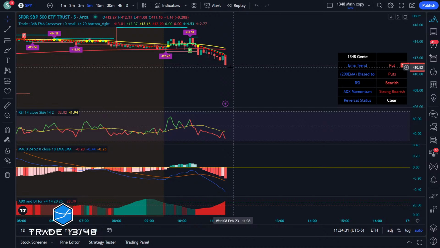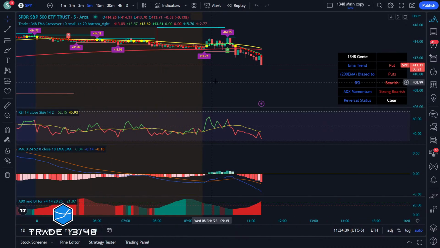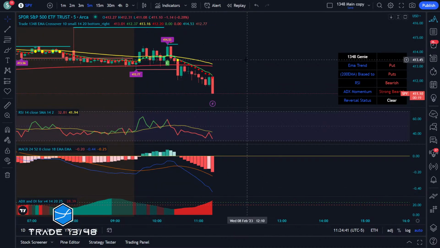All that happened here, and you can look at the 5, is that we had a candle come back to the 13, which got rejected. Okay. You guys can gather so much information from the 1 and the 5. These time frames, you guys are absolutely going to kill it.